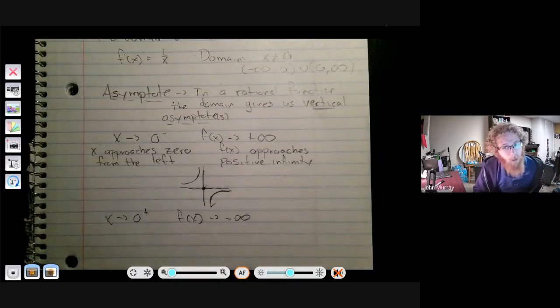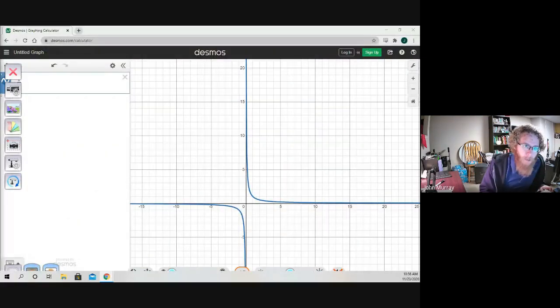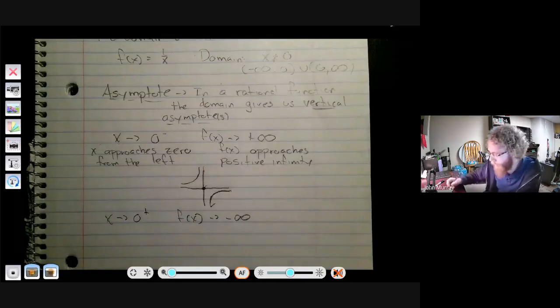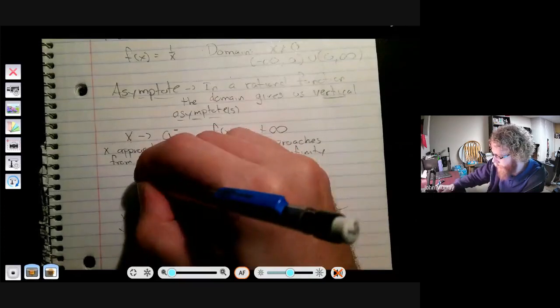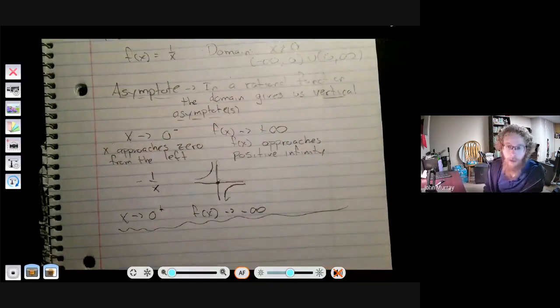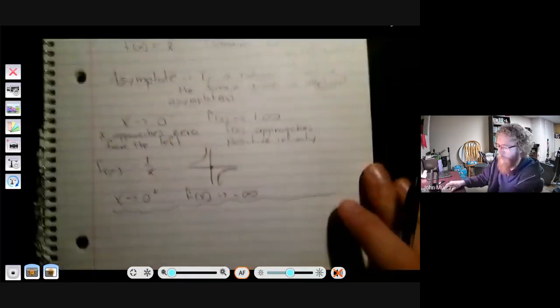Did I swap that? I think I swapped that. Yep, I did. My mistake. Well, let's just do another example then. So this would actually be the inverse, -1/x. So sorry about that.